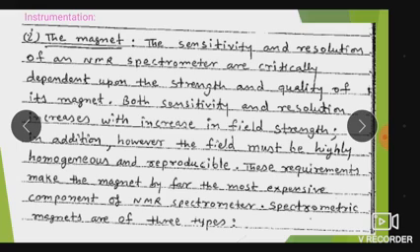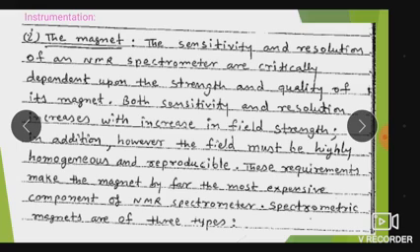Homogeneity is very important during the measurement or analysis of NMR, because the field must be homogeneous in all directions. These requirements make the magnet the most expensive component of the NMR spectrometer, and also the most important, due to its field strength and homogeneity.